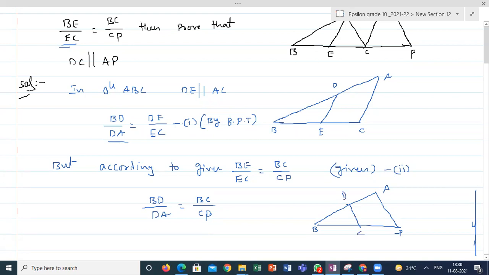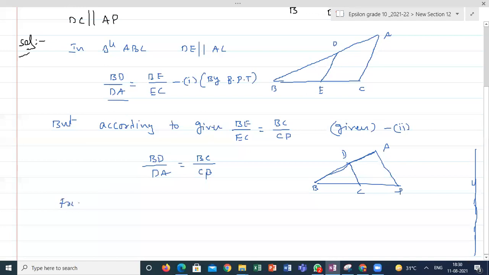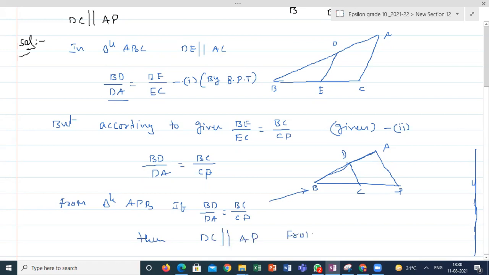If BD by DA is equal to BC by CP, from triangle APB, then DC is parallel to AP, from the converse of Thales theorem or converse of the basic proportionality theorem. Is it clear how I concluded DC is parallel here?